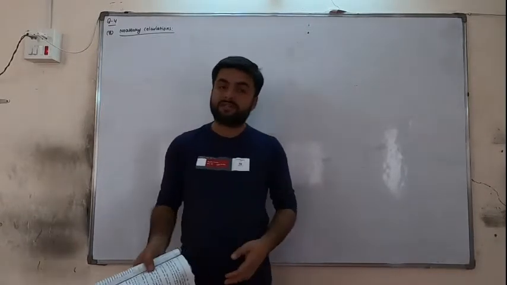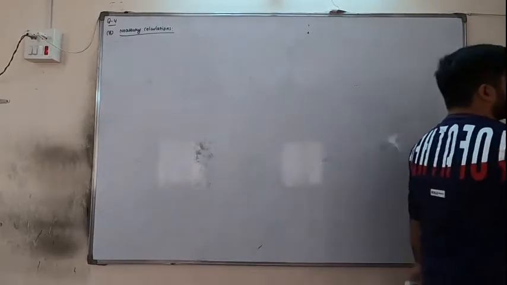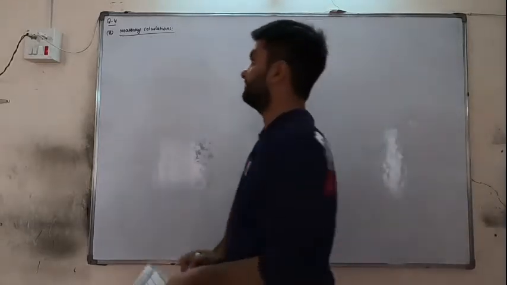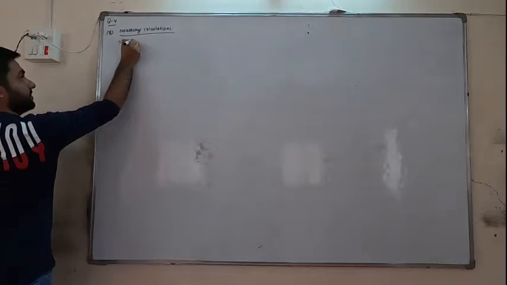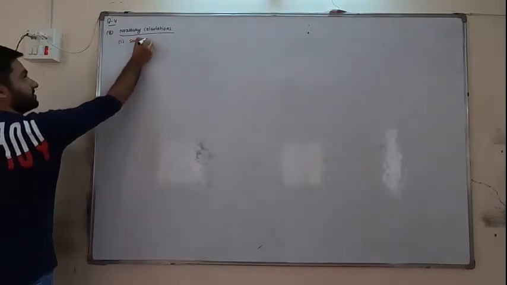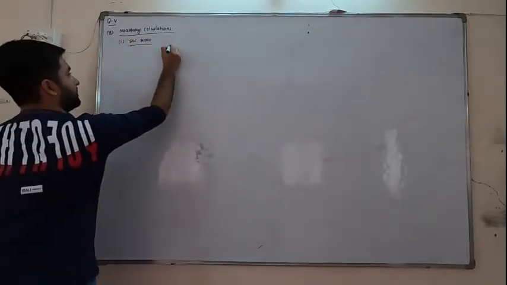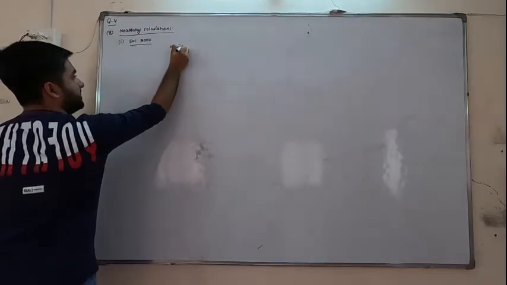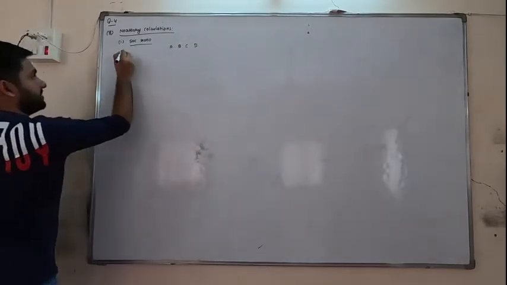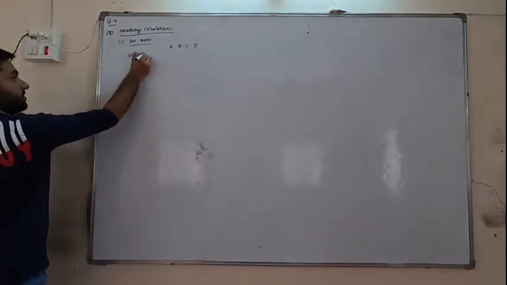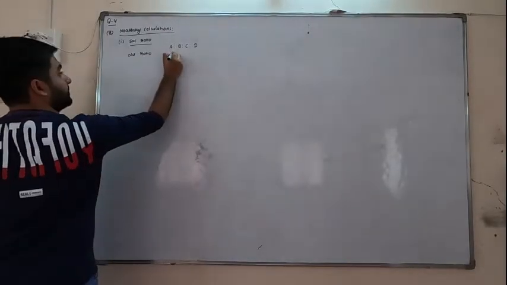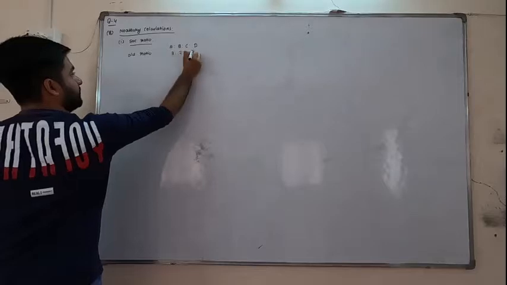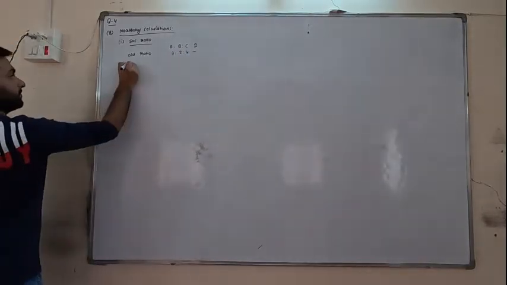So now we will calculate sacrifice ratio on the given information of old ratio and new ratio. Number 1, sacrifice ratio. A is to B is to C is to D. Old ratio 3 is to 2 is to 4 is to nil.